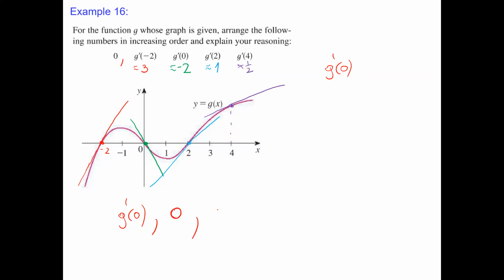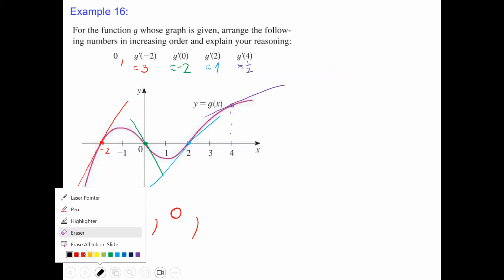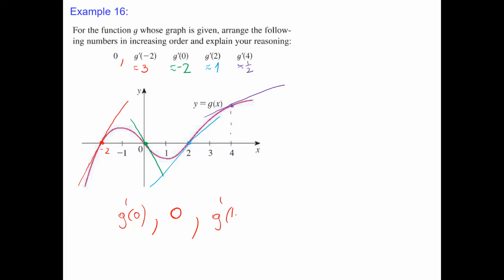And then the smallest positive, g prime at 4, and then 1/2, 1, g prime at 2, and then g prime at -2. That means -2, 0, 1/2, 1, and 3.